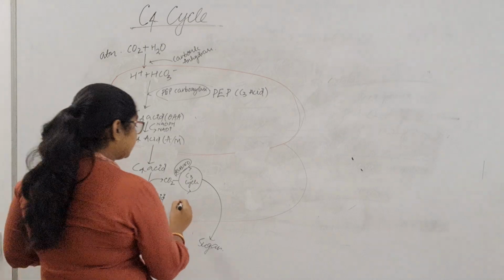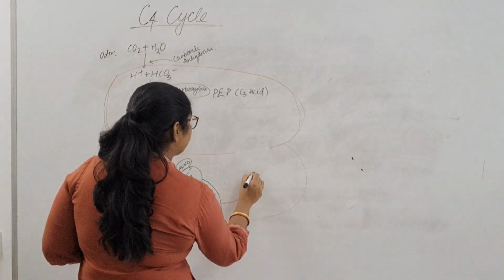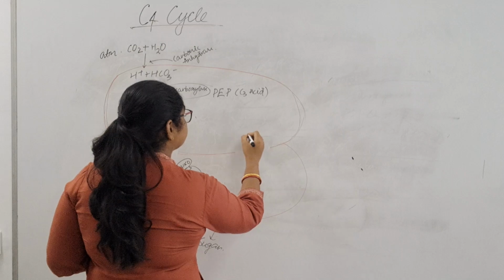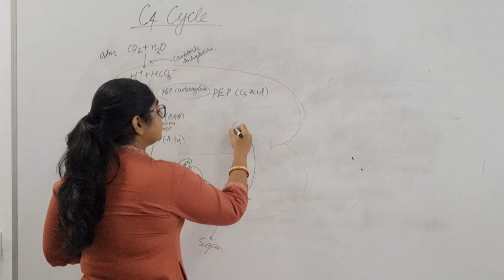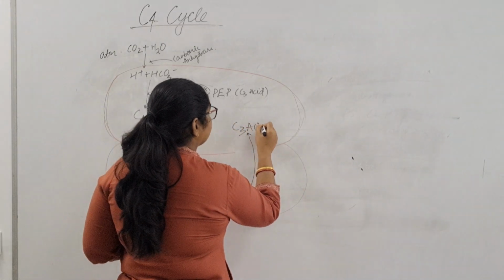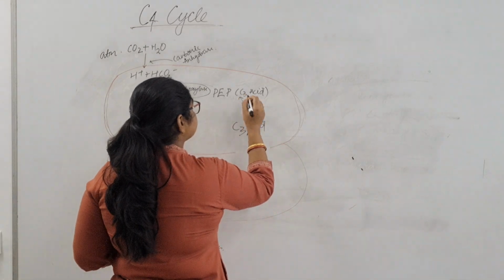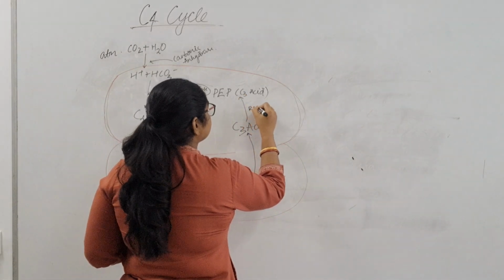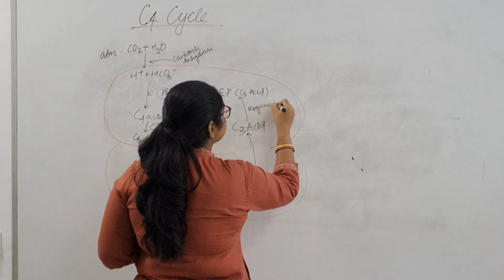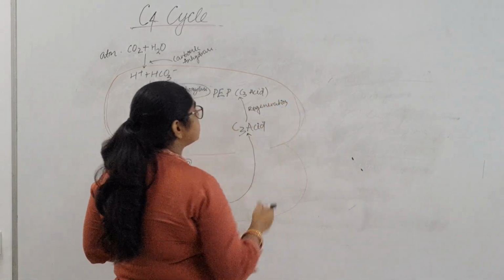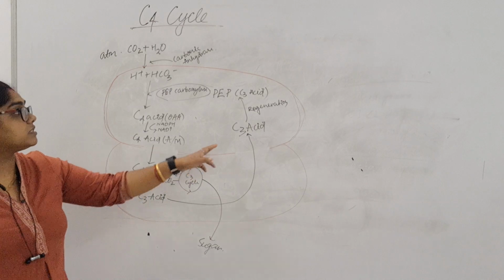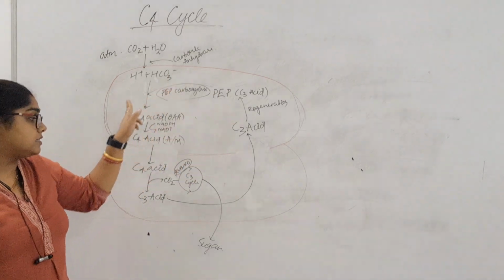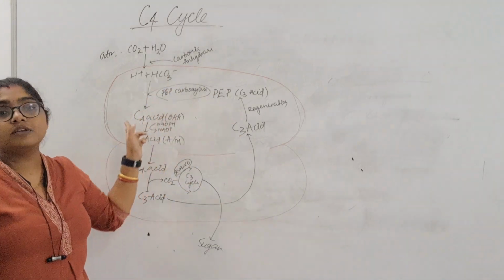Now this C3 acid will revert back to the mesophyll cell, and here it will again regenerate the phosphoenol pyruvate. In the regeneration reaction, it produces phosphoenol pyruvate, and in this way this cycle goes on.